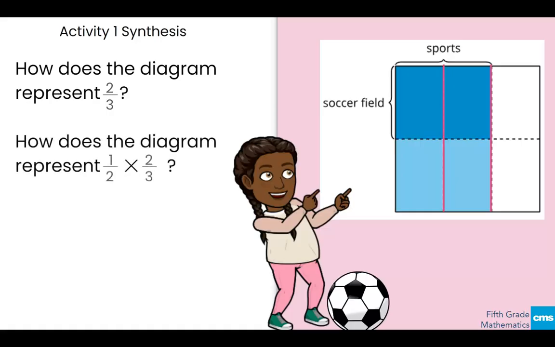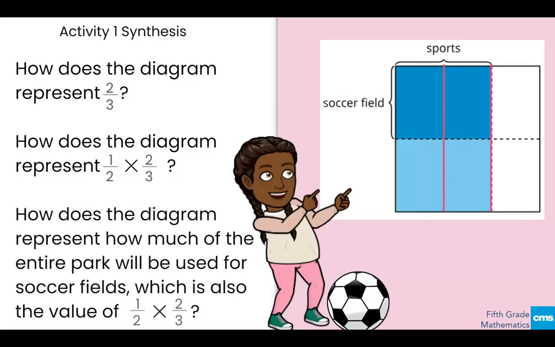How does the diagram represent 1/2 times 2/3? Yes, it means 1/2 of the 2/3 is shaded. And we can see that the top half of the 2/3 is shaded more darkly. So when we look at this, we know that the soccer field is represented by the darker shading. And that is 1/2 of 2/3, or 1/2 times 2/3.